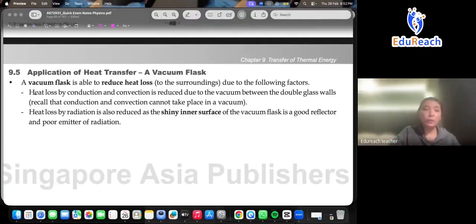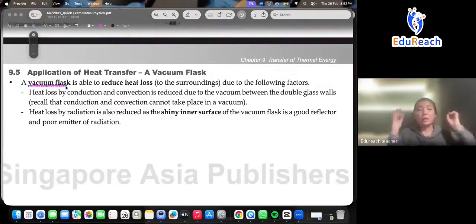A very common object that they like to ask about is the vacuum flask. A vacuum flask is a specially designed flask whereby if you put hot water inside and close it, a few hours later, it will still be hot and warm. So it is designed to reduce the heat loss to the surroundings.